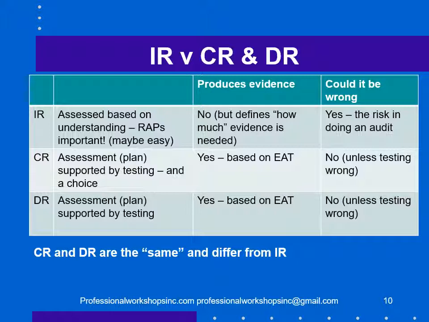Do control risk and detection risk produce evidence? Yes, based on our extensive testing, both of them produce evidence. And can they be wrong? No, unless our testing is somehow wrong, unless we have non-sampling risk or something. They can't be wrong. They will support our assessed level of inherent risk. The assessed level of inherent risk could be wrong. So control risk and detection risk, the way I look at it, they're the same, and they differ from inherent risk, and they're also choices.